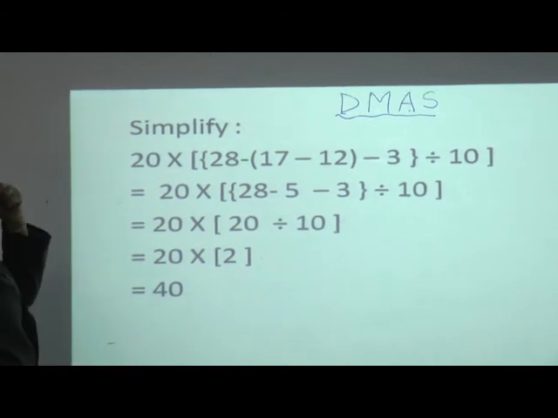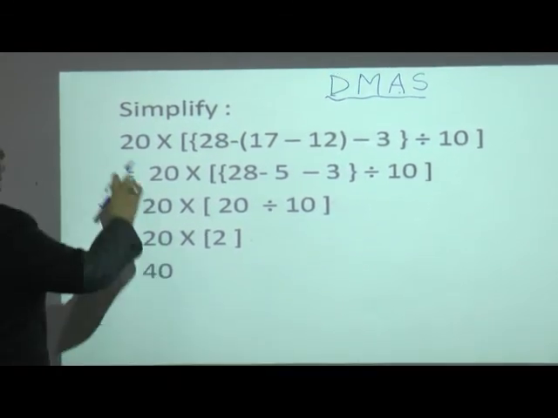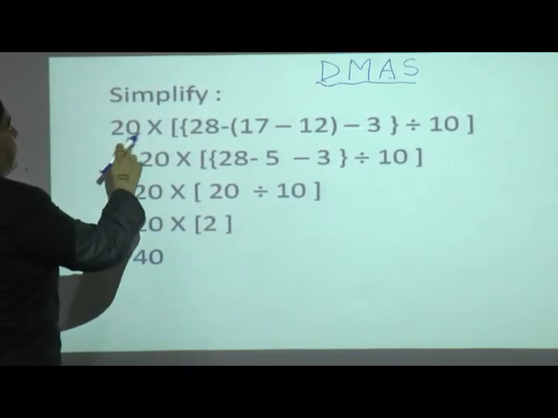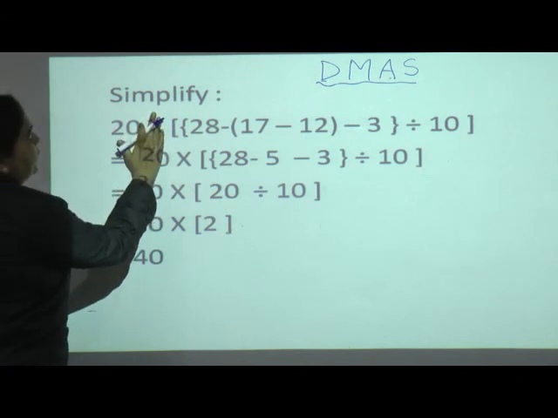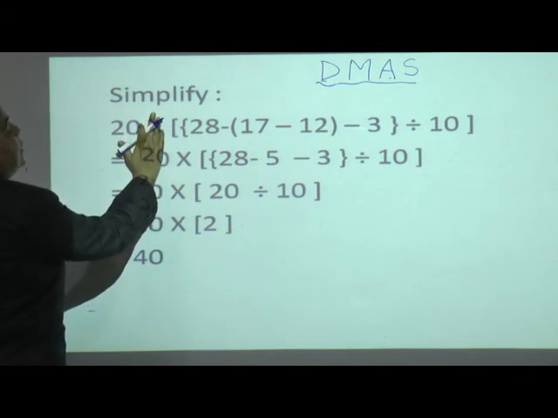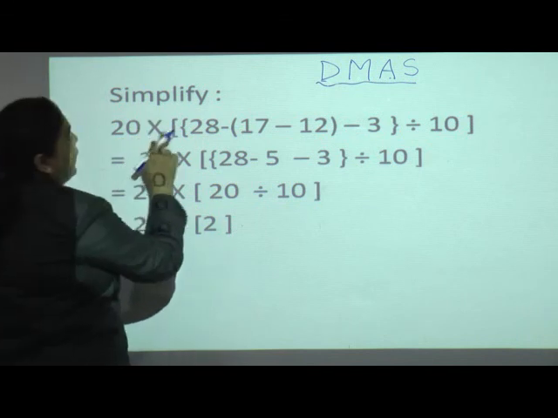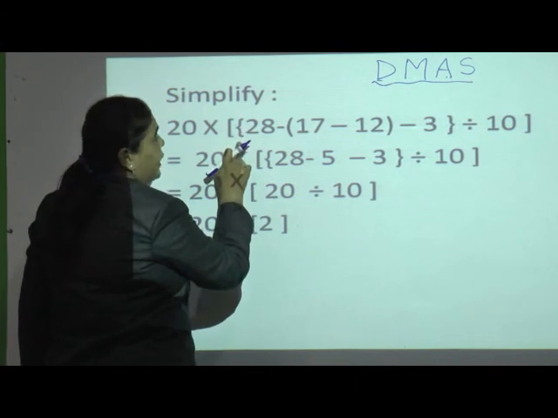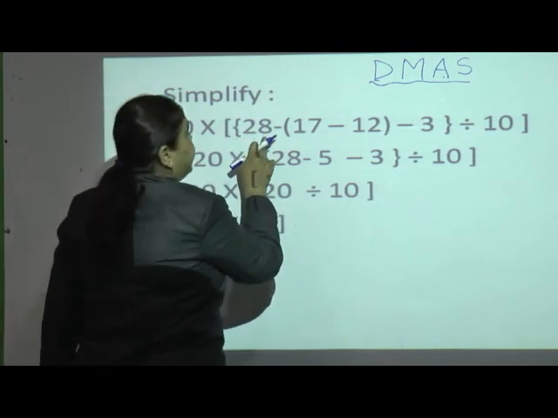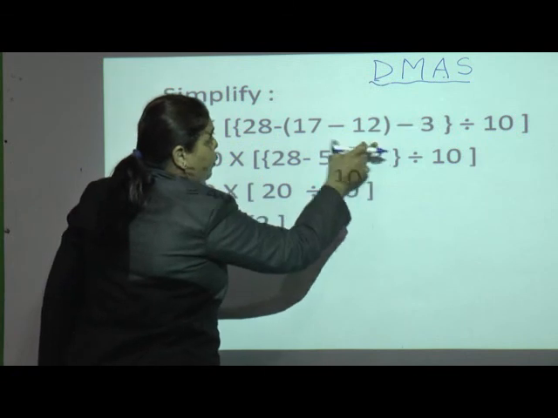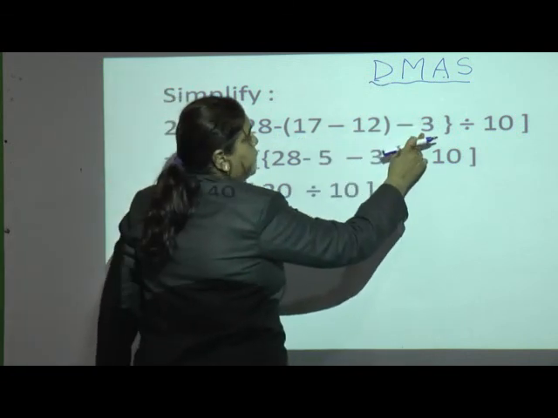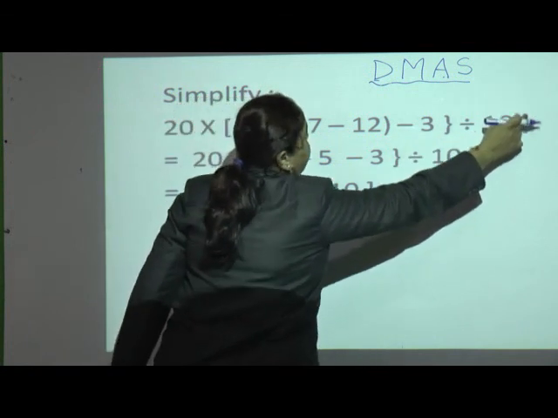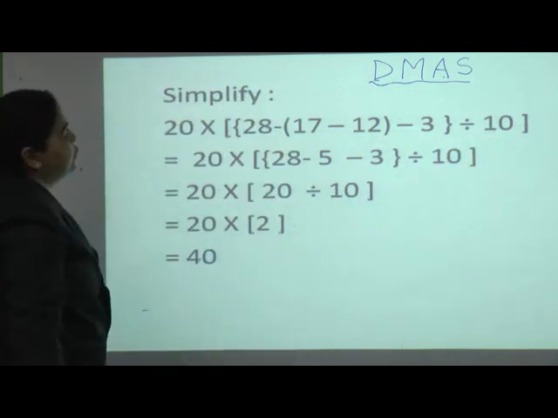Here one more example we will see, which is again with different types of brackets: 20 multiplied by, if you don't have any sign then you have to consider it as multiplication only, a square bracket, inside we are having a curly bracket, 28 minus a round bracket, minus 3, and the curly bracket is completed, divided by 10, which is now closed with a square bracket.